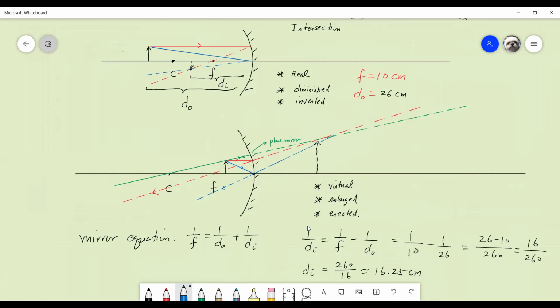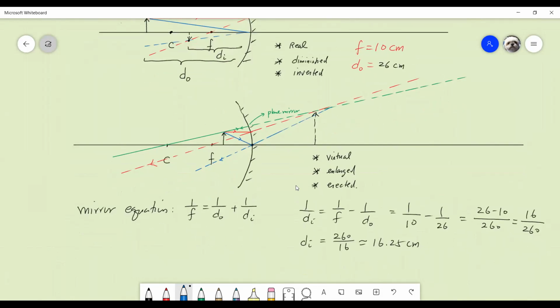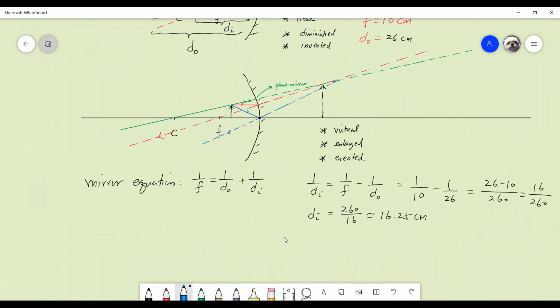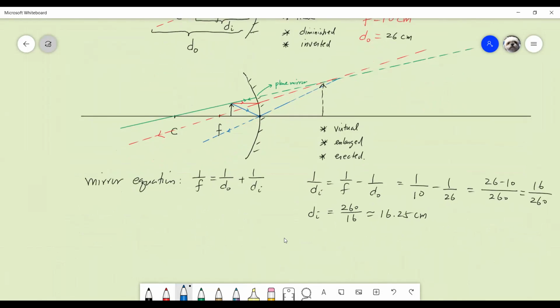Now I can do the second problem too. I'm going to use the blue color and do this one. This is my image distance. What is f? f is still 10.